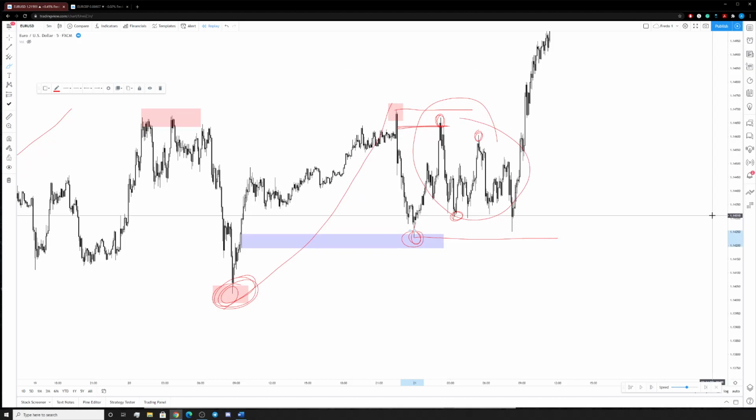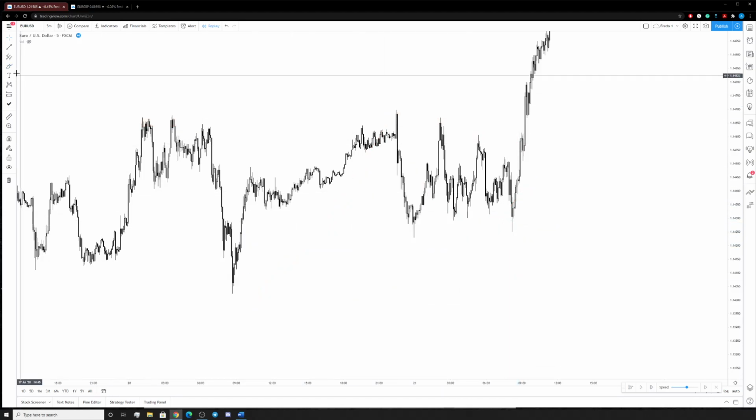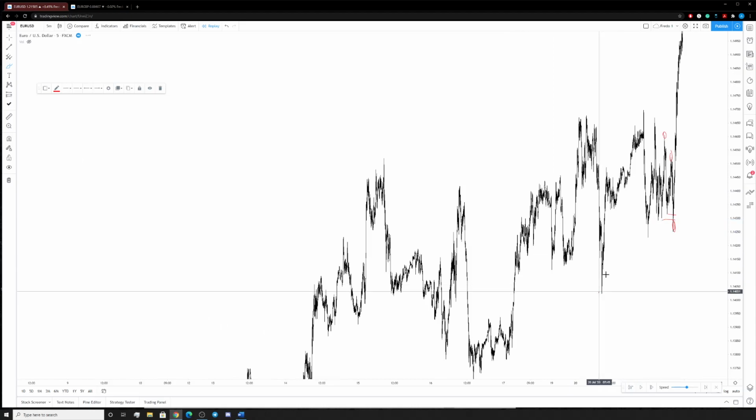So, because this never broke, although this broke this here, and let's just take all this off, just because this overall high took this, and even this took this, these smaller structure breaks don't really mean much to my overall direction.